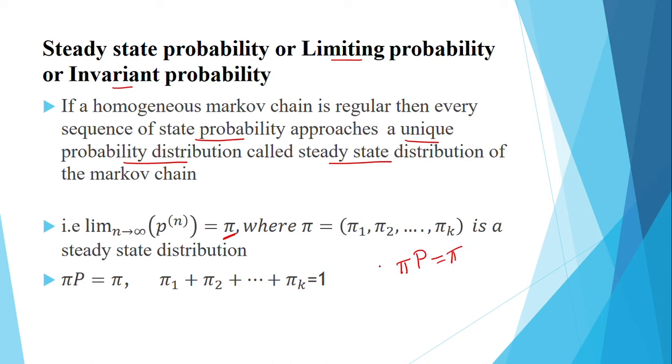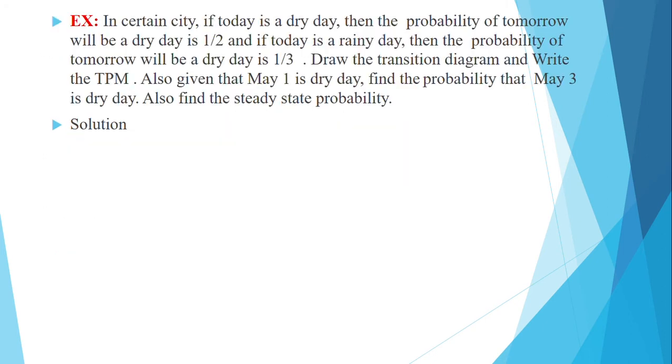This is the condition for steady state probability, pi P equal to pi. We know that pi is a probability distribution, so the row addition is 1. Pi 1 plus pi 2 plus pi k equal to 1.